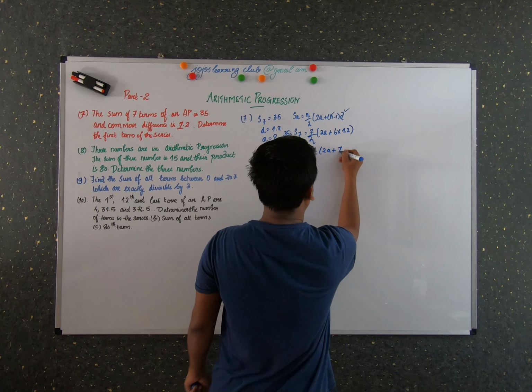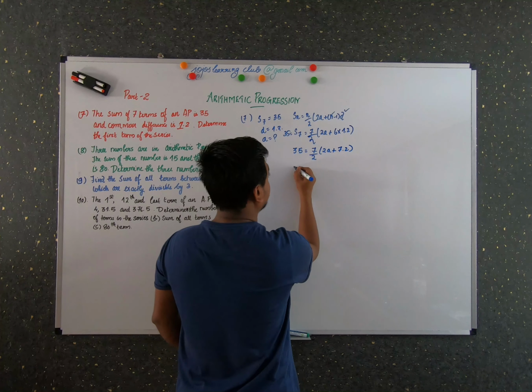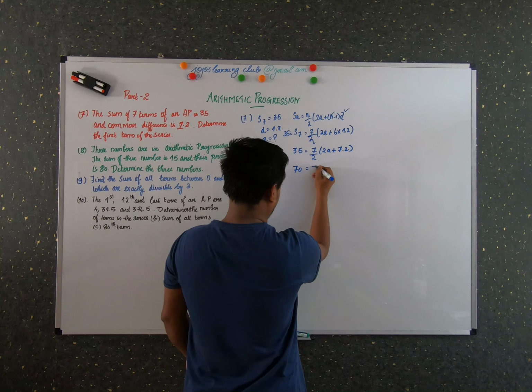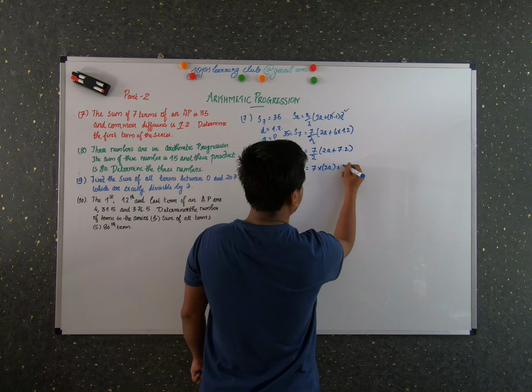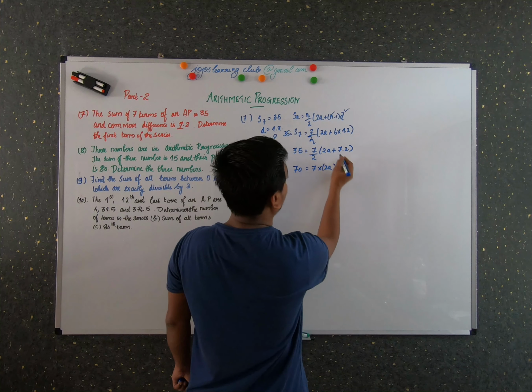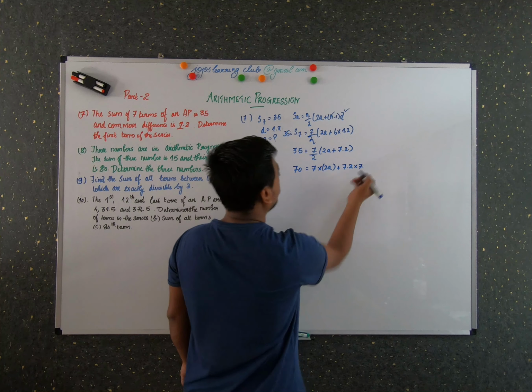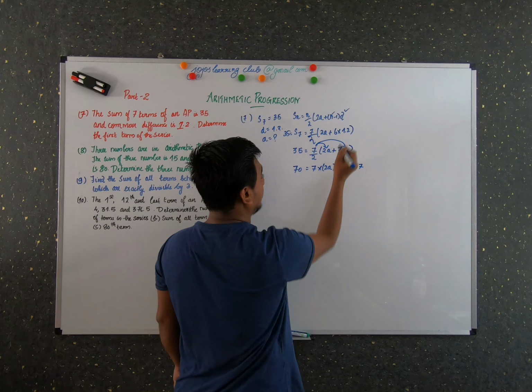So 70 is equal to 7 into 2a plus 7.2, so 7 into 2a and 7 into 7.2.